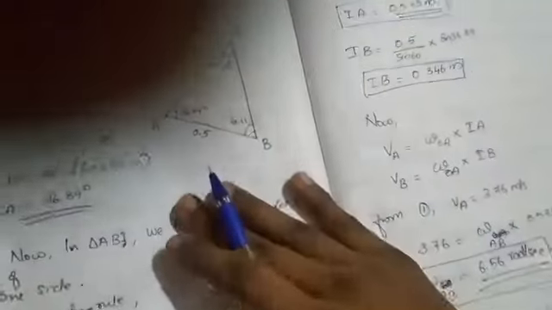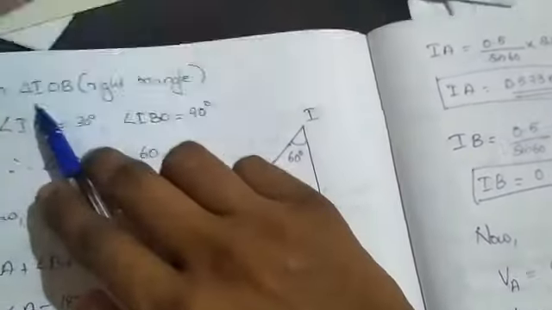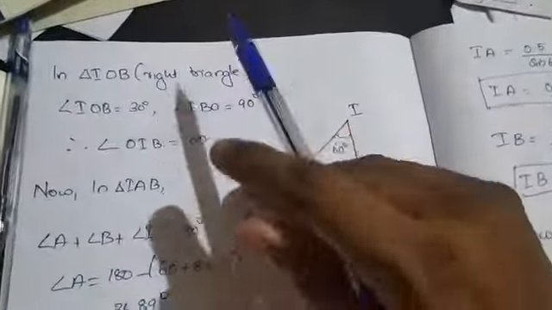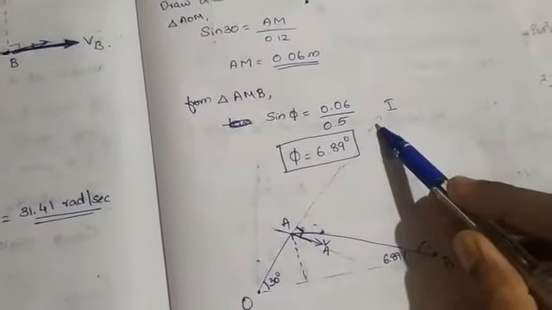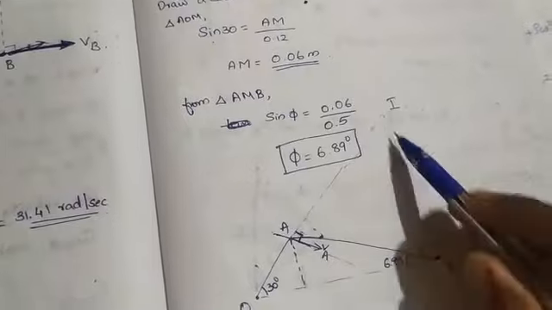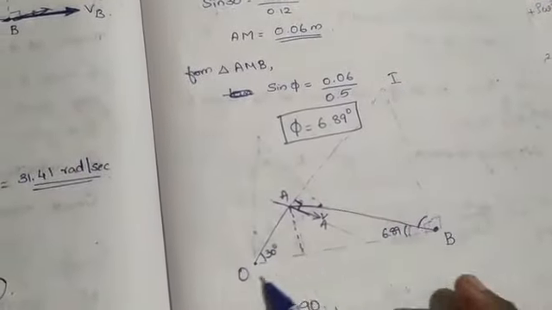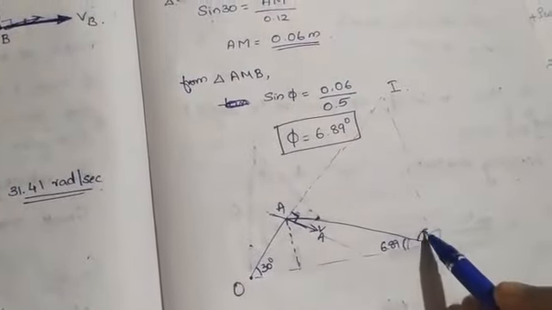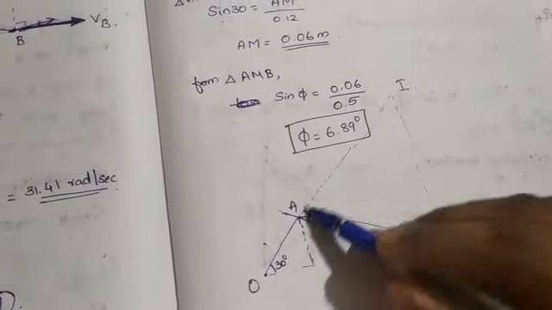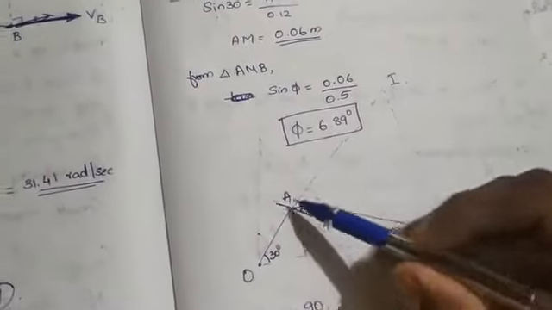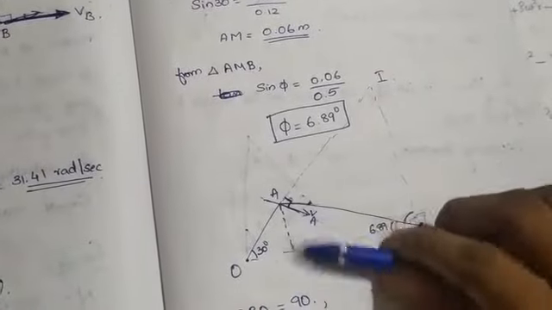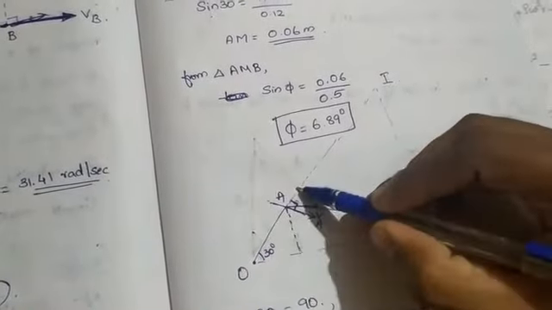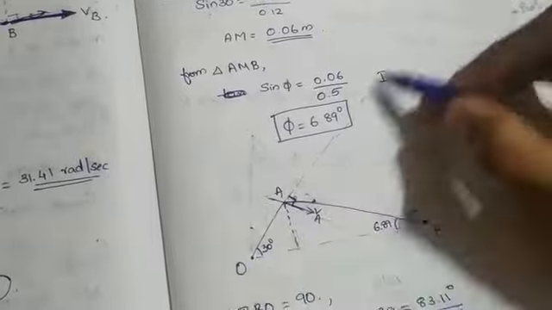Now in triangle IOB, this large triangle, this is a right triangle, so you can consider this whole triangle because this is a straight line, OA and AI will be straight.